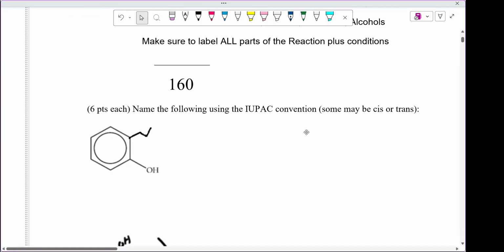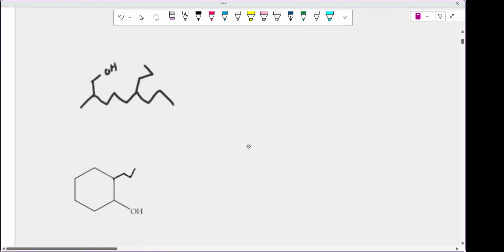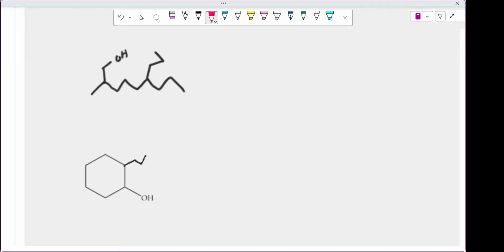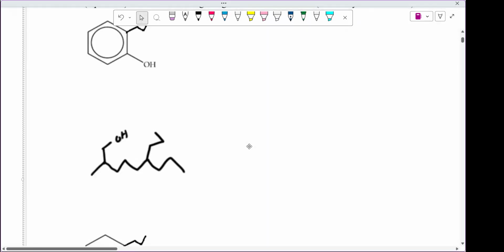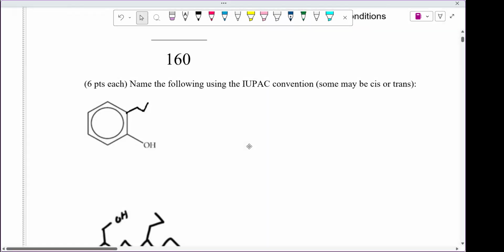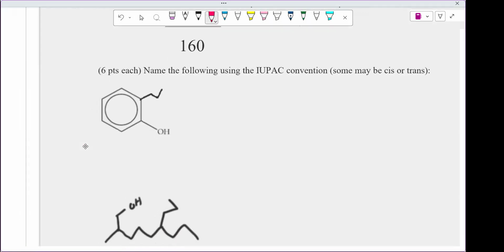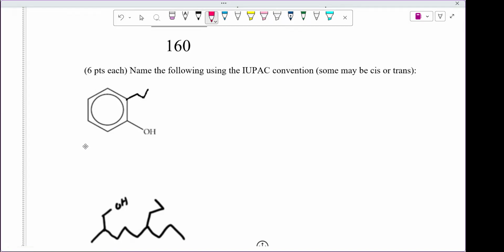I want you to be really careful and distinguish between this one here and this one here. Because this one has a benzene ring in it.